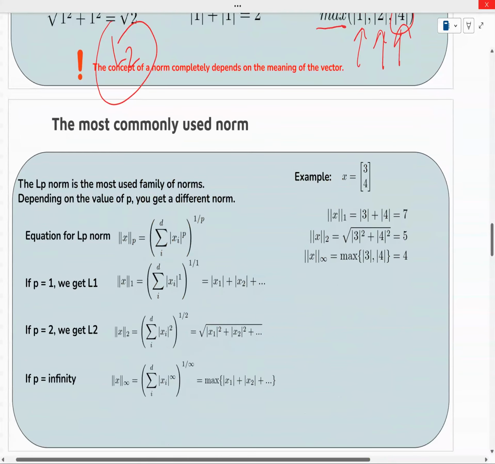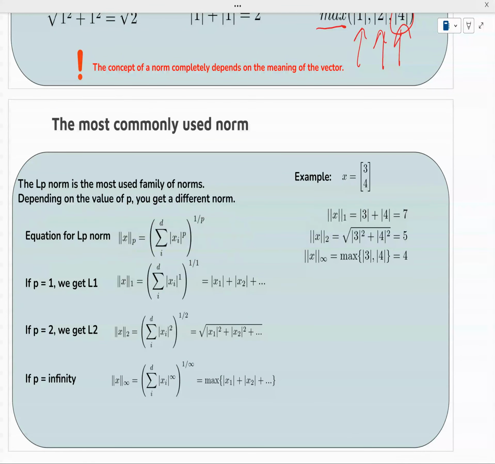Now, these are the most commonly used norms. However, all of them equate to the LP norm. So the LP norm allows you to measure all the norms. All you have to do is plug in the number for P. So the L1 norm is equivalent to plugging 1 into this equation. Instead of P here, it'll be power of 1, and P here we plug 1 as well. And it turns out to be the L1 norm.